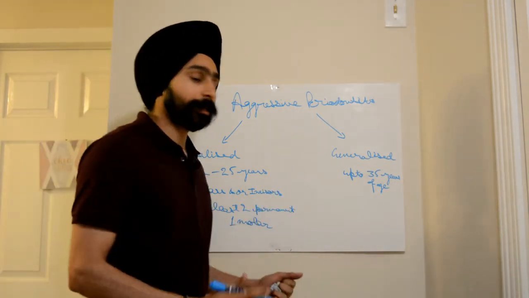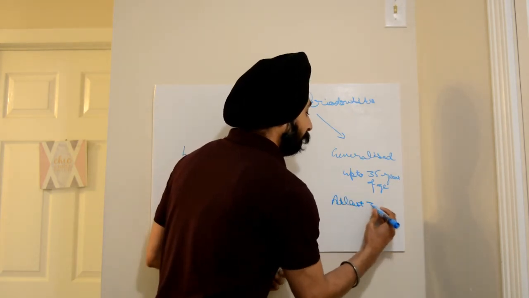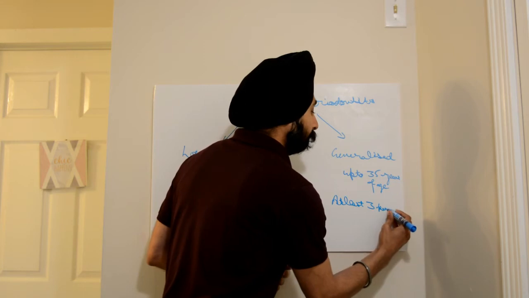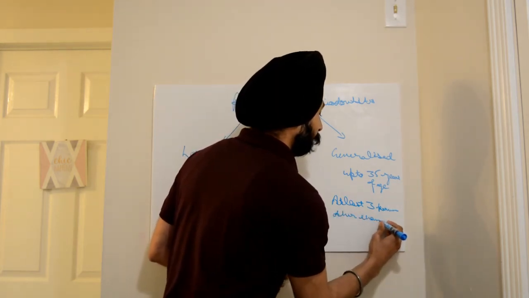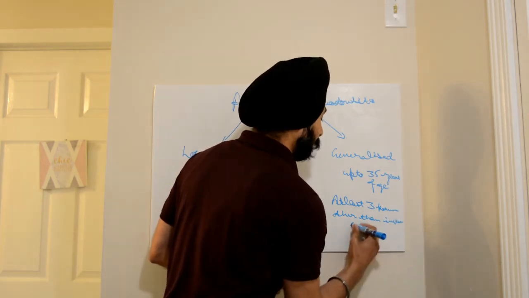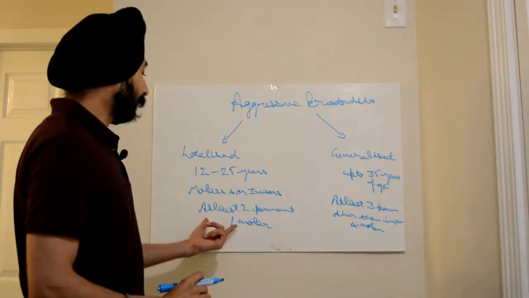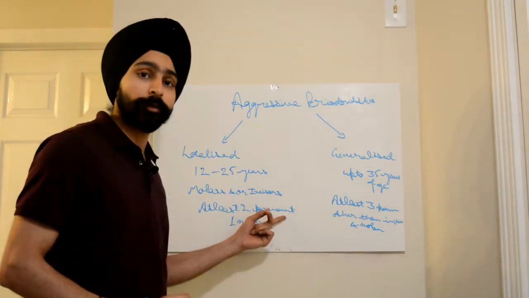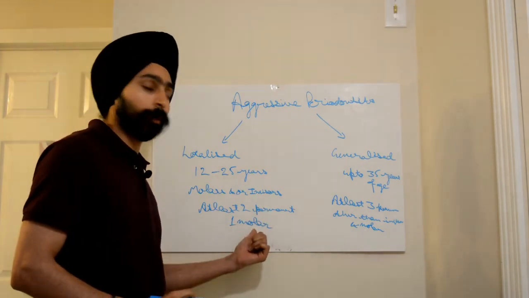In the generalized, at least 3 permanent teeth other than incisors and molars. Here at least 2 permanent teeth should be involved, out of them 1 must be molar.